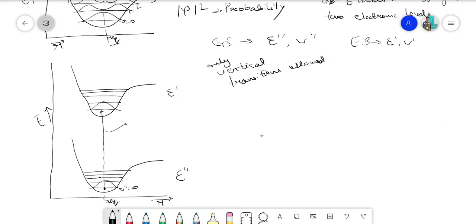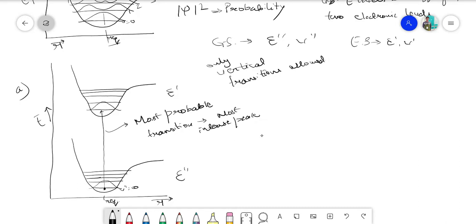This will be the most probable transition, and that is why it will be the most intense peak. Let me name this as A.